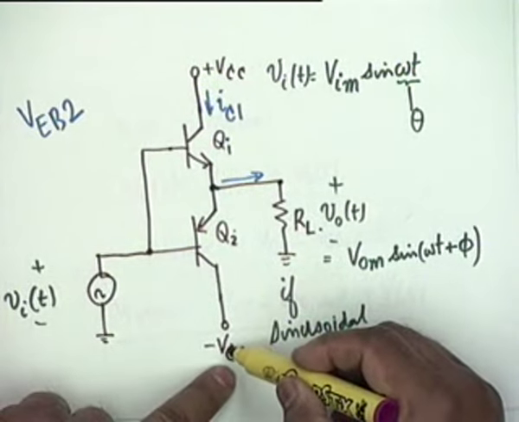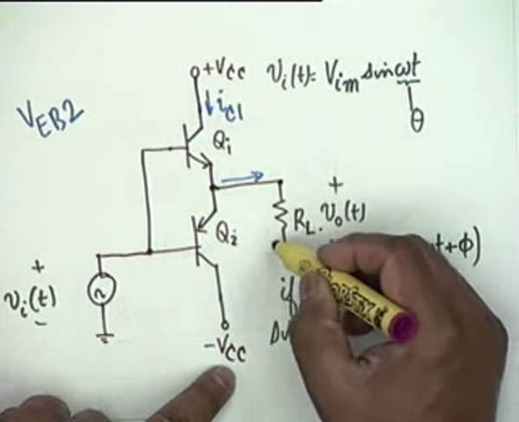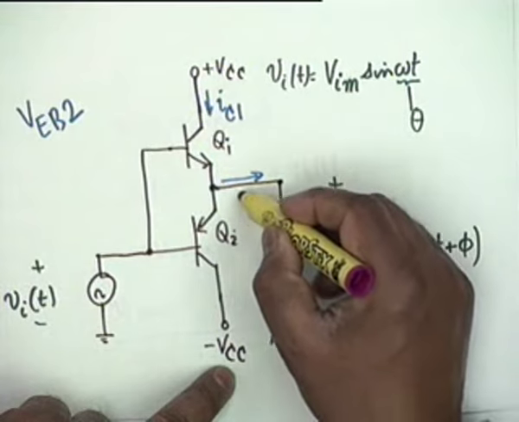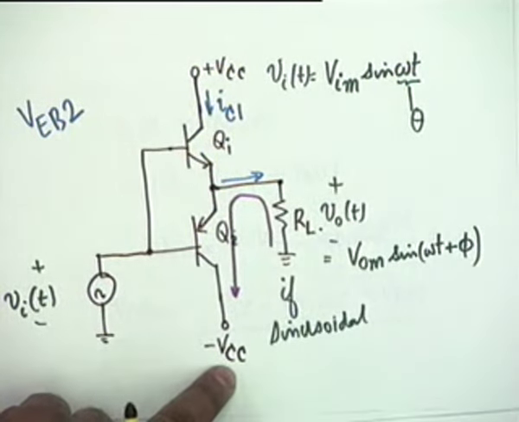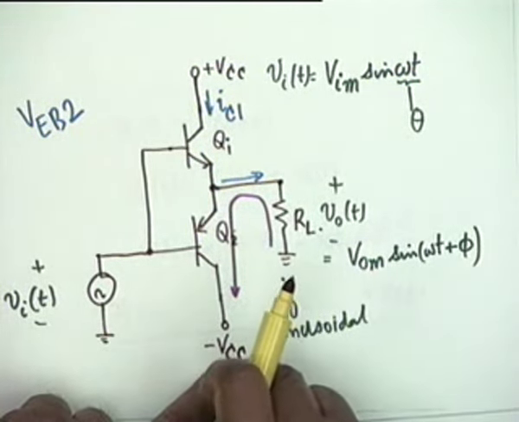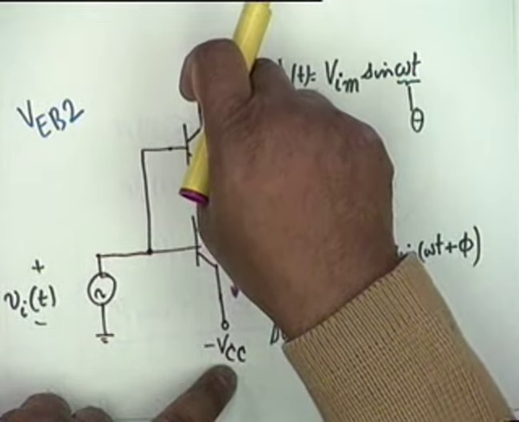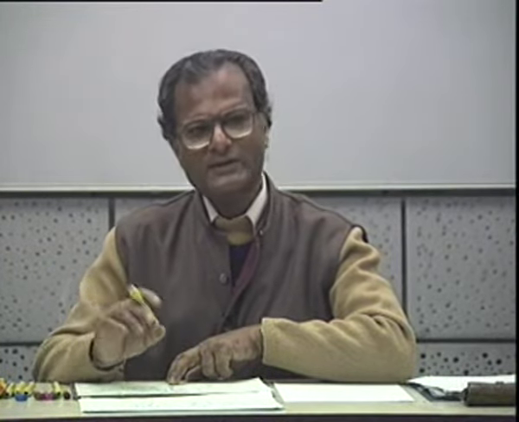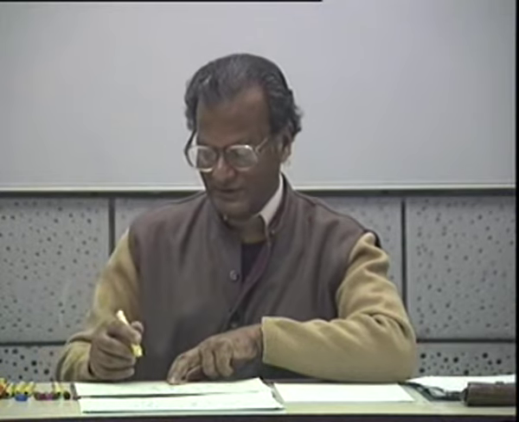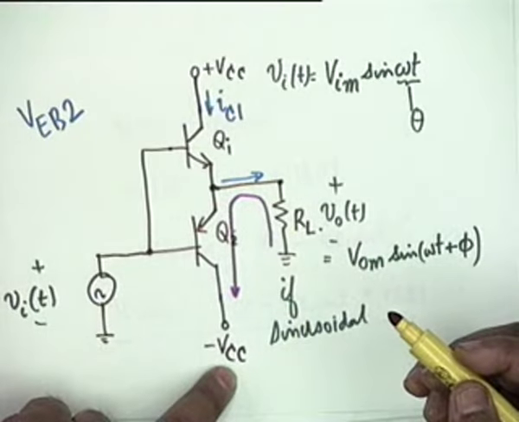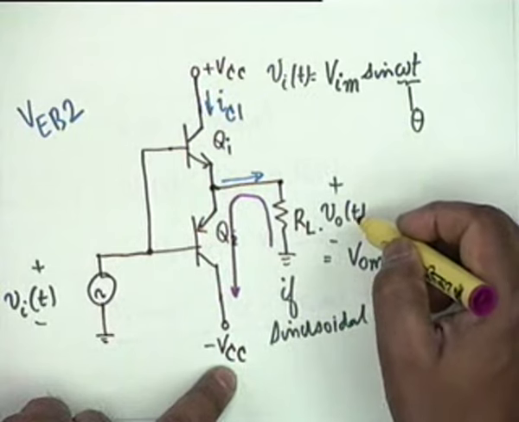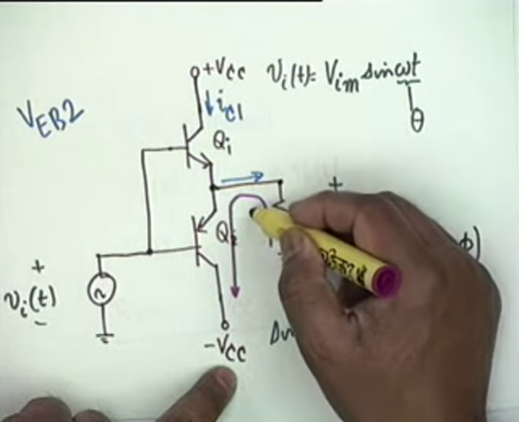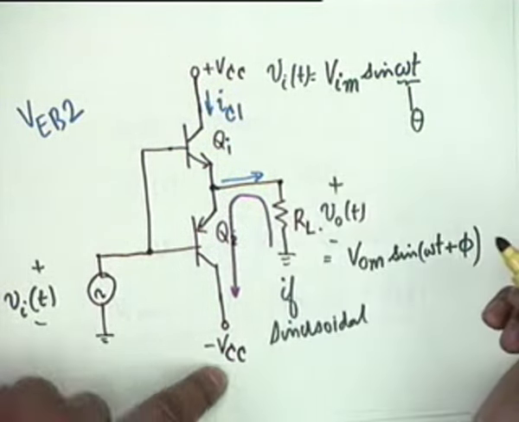The current now flows from here via this to the negative VCC, and this is why this is to be identical to plus VCC, because Q2 conduction and Q1 conduction must be absolutely symmetrical. Any asymmetry will cause a distortion. So it conducts like this, and V0 will also be negative now, because the current is flowing like this. The relationships are exactly similar.